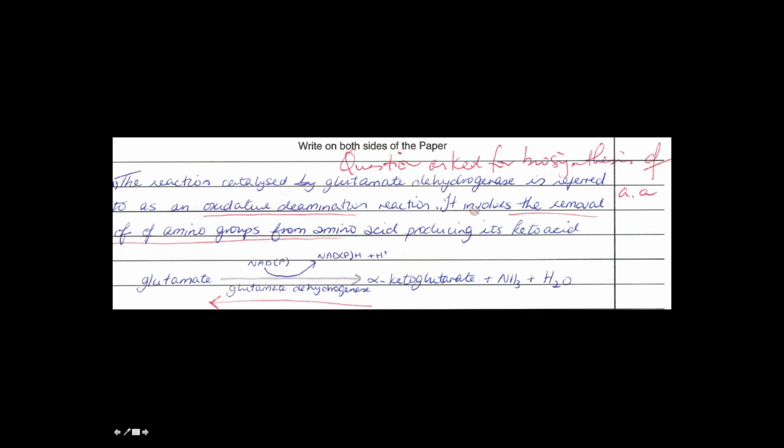But then she says it involves the removal of amino groups from an amino acid. So come on, guys. My question is asking you to give the reaction for the biosynthesis, meaning that you're going to make the amino acid. Yet, you all start off by saying that you're going to remove the amino group from the amino acid. In other words, you're breaking down the amino acid. Come on, guys. You all don't want the marks or what?